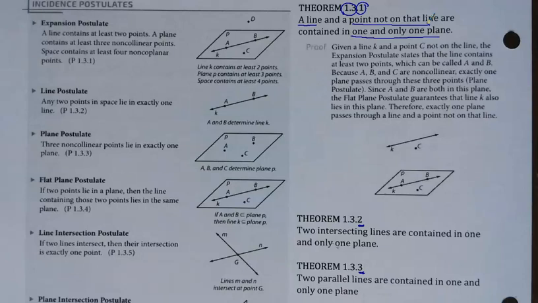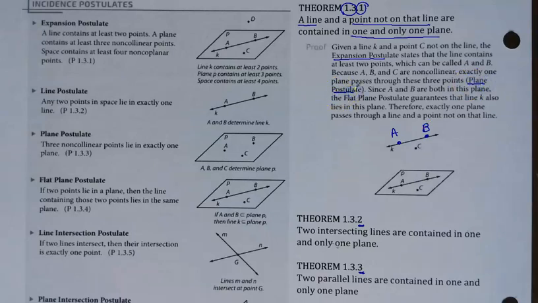So given a line K, and a point C, that's down here, not on the line, the expansion postulate, it tells us where to look, states that the line contains at least 2 points, which can be called A and B. Because A, B, and C are non-collinear, exactly 1 plane passes through these 3 points. That's the plane postulate.